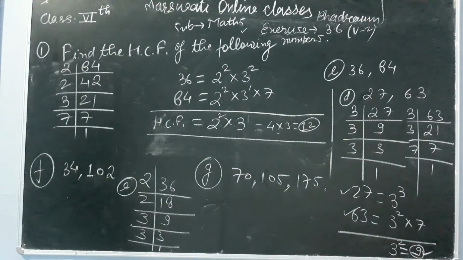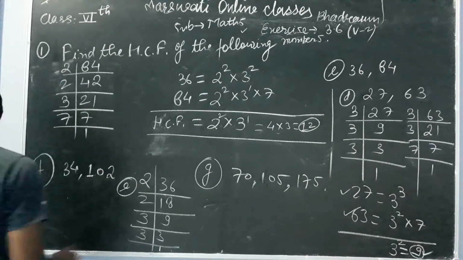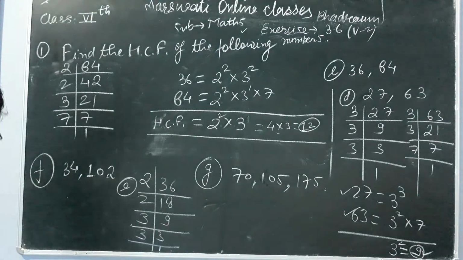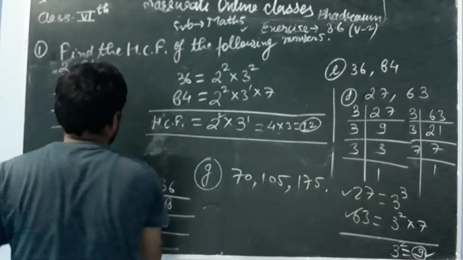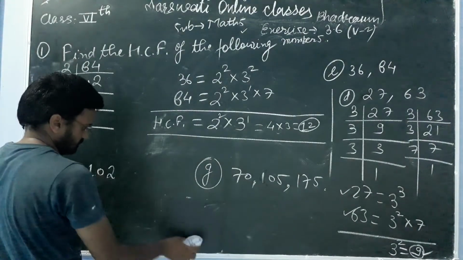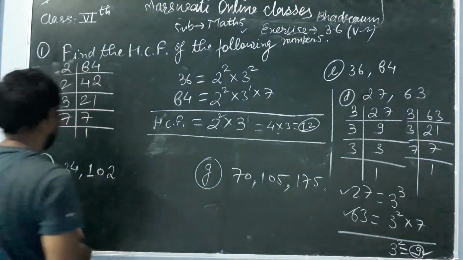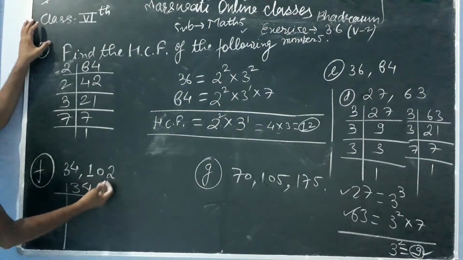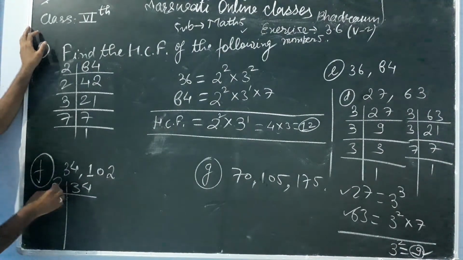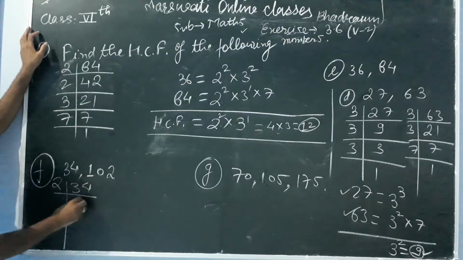We will go for our part F, which is this one. Okay, we will rub this part E. We will go for our part F, which is 34. Okay, so we will divide by 2, 2 1s are 2, now this is 14, 2 7s are 14.